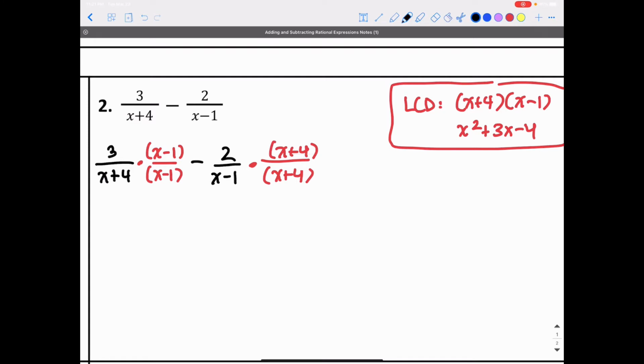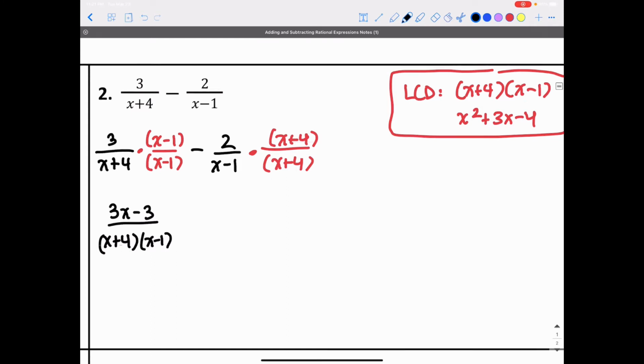The left fraction is going to become 3x minus 3 all over x plus 4 times x minus 1. I'm going to leave the bottom in factored form before the end so I can see if there's anything that I'm going to be able to cancel. And then for the second fraction, I have 2x plus 8 all over x plus 4 times x minus 1.